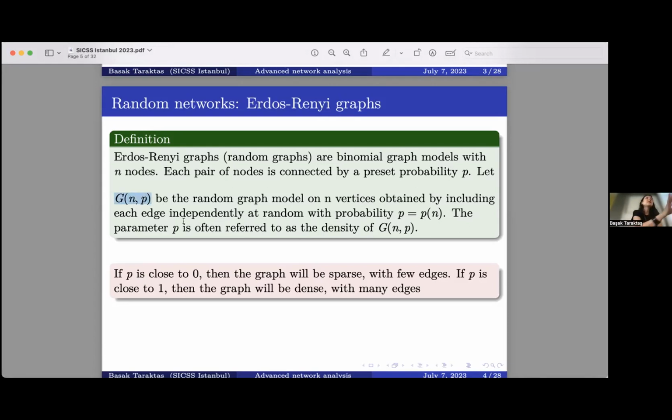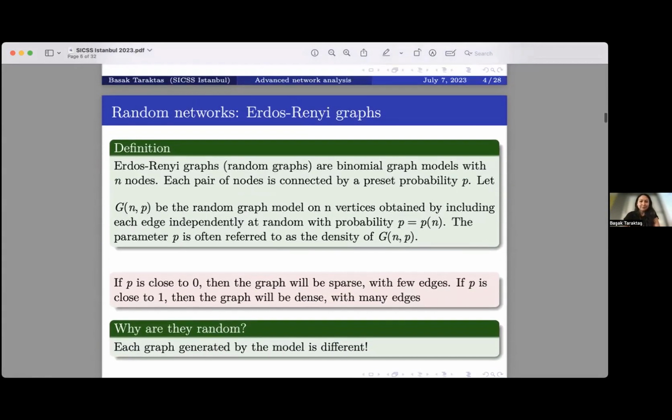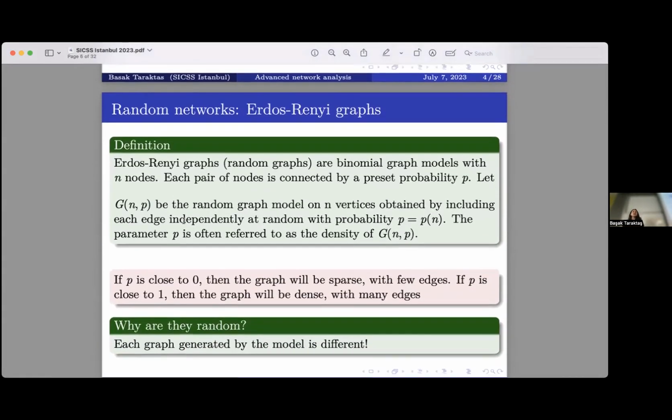There's not going to be a lot of math, it's just for the notation here. So why do we use these graphs, and why are they random? Because each time you construct a graph using this formula, G of n, p, you're going to end up with a different constellation of connections. Hence, it is random.